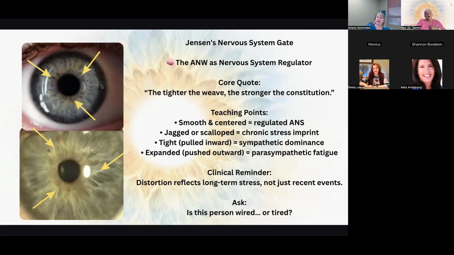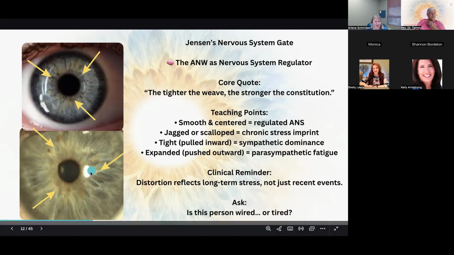Jensen said the autonomic nerve wreath was the nervous system regulator. So the tighter the weave, the stronger the constitution again. Smooth and centered equals regulated. This one is a little bit more smooth and centered. It's more all the way around, whereas this one, you can see the little outlines going on here. It's not real smooth and centered.